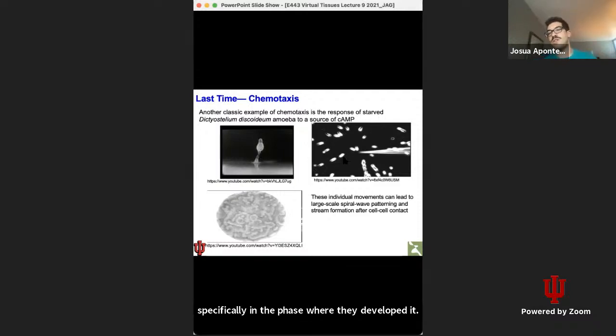But in these videos, you can see how the cells move when pipetted with cyclic AMP into the media. Cells move and chemotax towards the areas where this cyclic AMP is being provided as they detect the gradient and detect what are the areas that have higher concentration of the molecule.